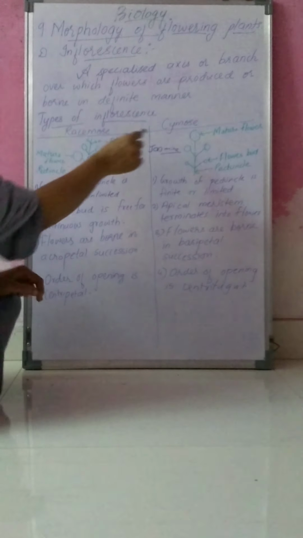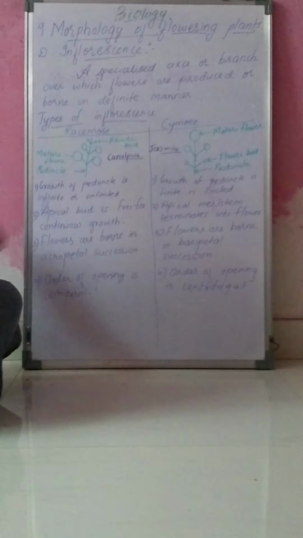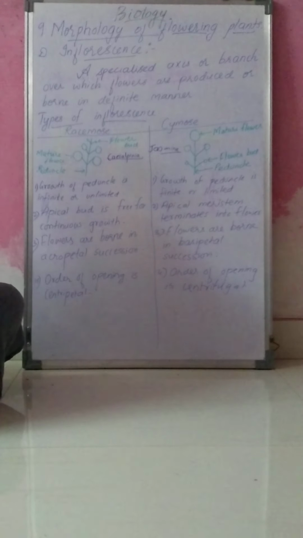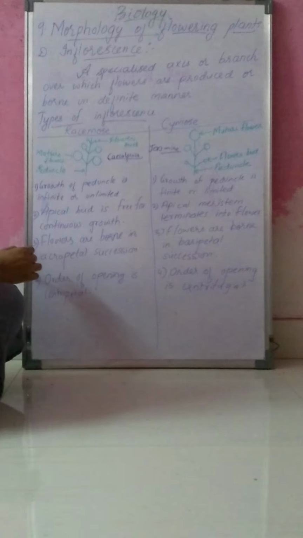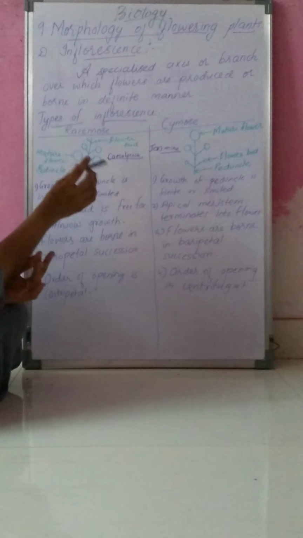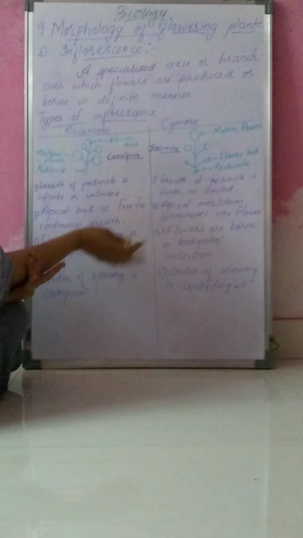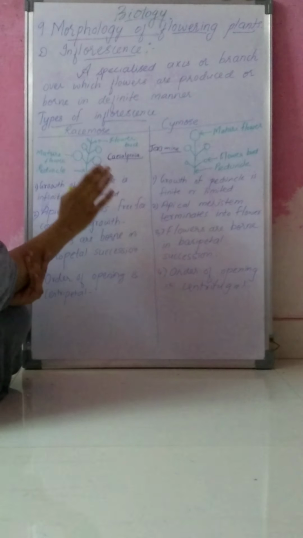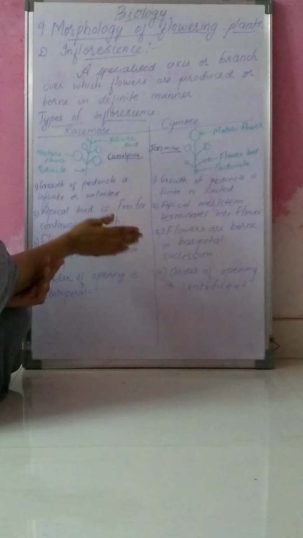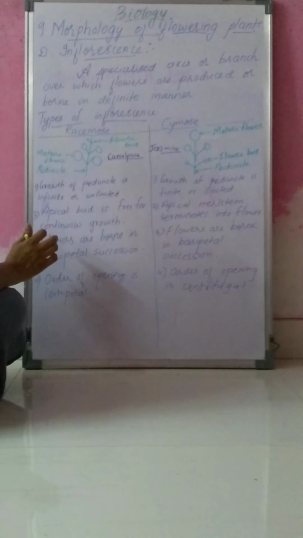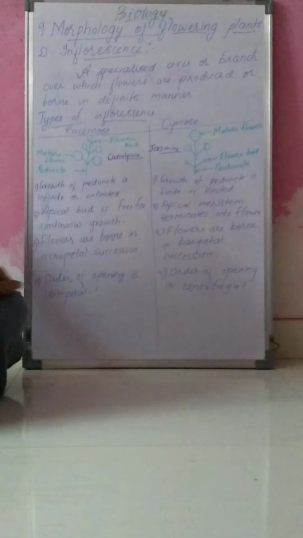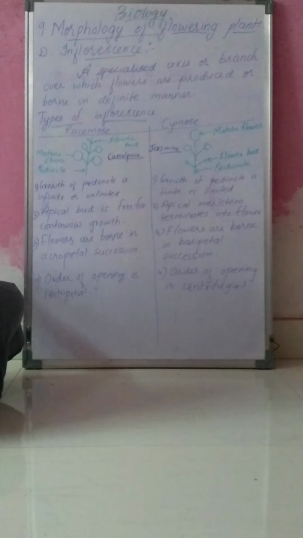Basipetal succession means older flower, that is the mature flower is present at the top whereas the young flower is present at the bottom. As young flower is present at the bottom and mature flower is present in the top, no new flower can be added, and growth of the peduncle is always limited.